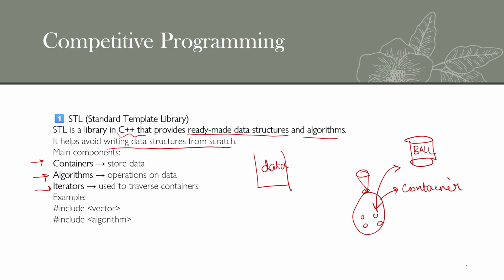Now, what is the iterator here? Your iterator will be your hand that will traverse through the bag, pick a ball and place it in the basket. So this is what the Standard Template Library is.